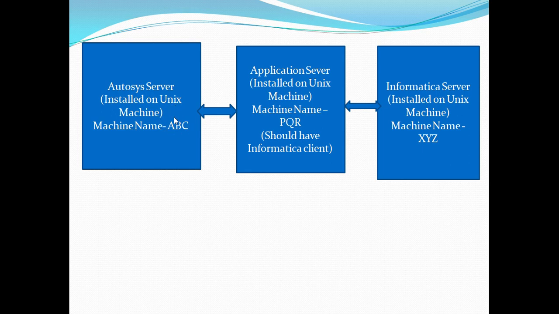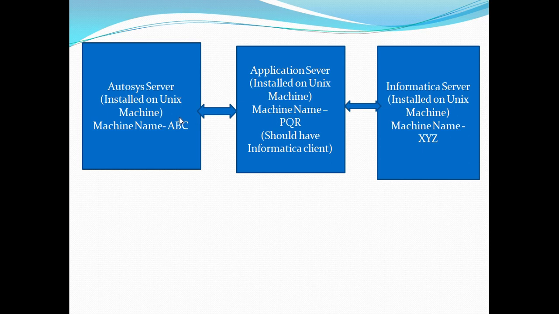So whatever box jobs or command jobs I'm going to create, they are going to reside on this particular server, Autosys server ABC. Now the application server that I have where I'm coding my Unix shell scripts, that is on PQR. So there is already a network connectivity established between my machine name ABC and my machine name PQR.